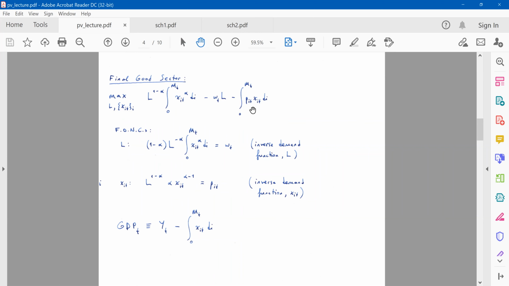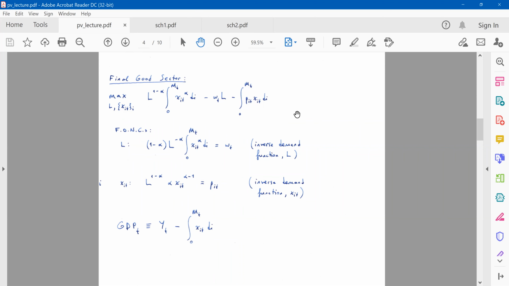Because from machine i, they use xit units, and they pay a price for that. So they purchase machine i from the producer of this machine, and in that market of machines, they pay pit xit for machine i, and the total cost of machines is then the summation of this, the integral of pit xit across i.